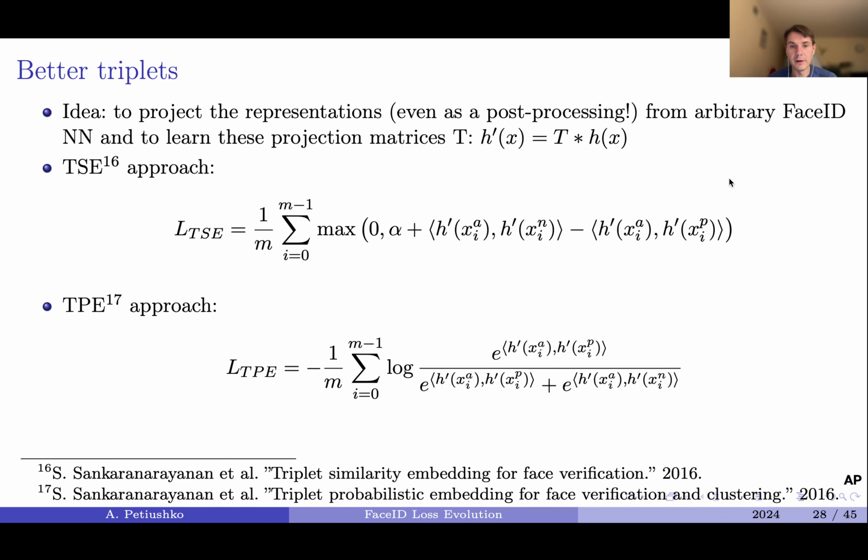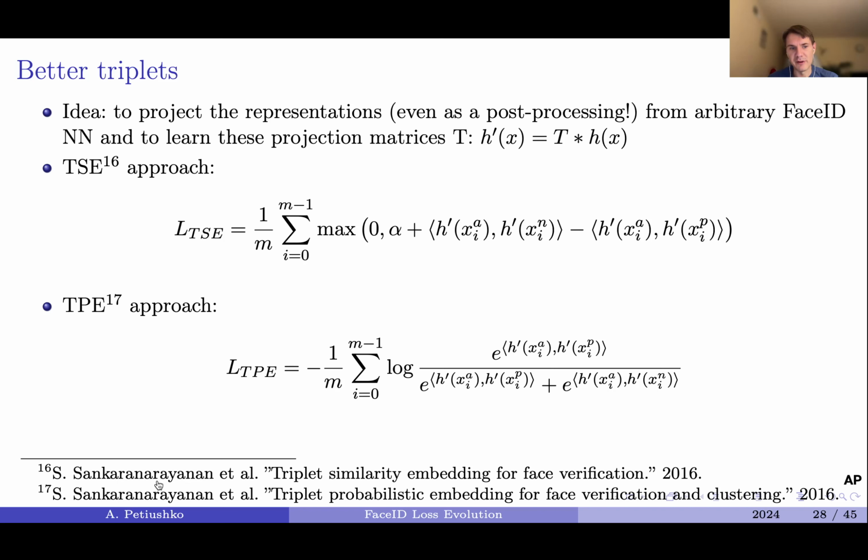Or you can even try a very simple binary classification loss between positives and negatives. Although it is written in the form of softmax, basically if we divide the numerator and denominator by the numerator, we would have this binary cross entropy. It's called triplet probabilistic embedding, TPE or TSE, which is interesting.